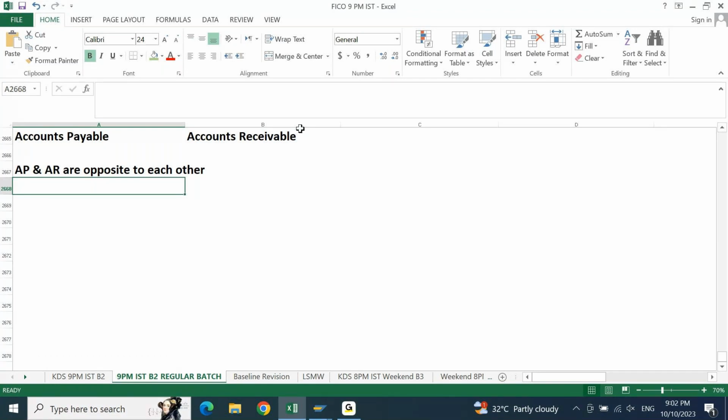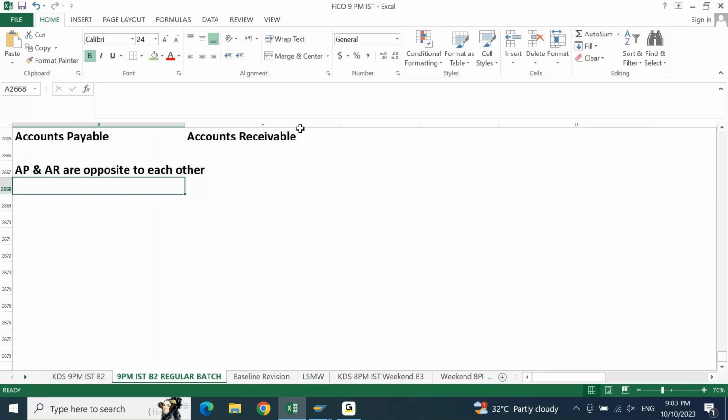But don't try to understand accounts receivable from scratch. You should always relate it to your accounts payable, because payable is a bigger, more sensitive module than accounts receivable. In payable is where you are making the payment, your money is going out. You have to be very conscious and careful wherever our money is going.